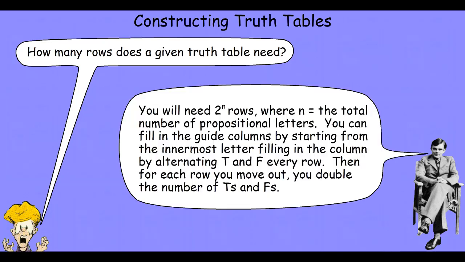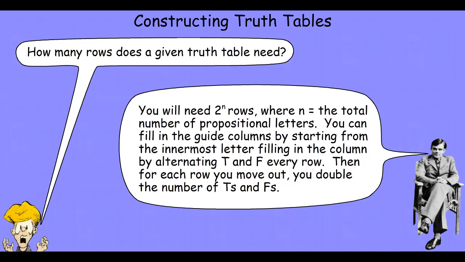And so we'll need 2 to the n rows, where n equals the total number of propositional letters. So 2 to the second, 2 letters, will be 4. To the first, 1 letter, will be 2. To the third, 3 letters will be 8 rows.